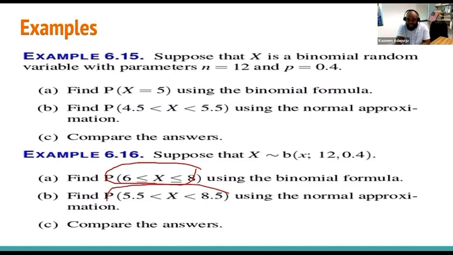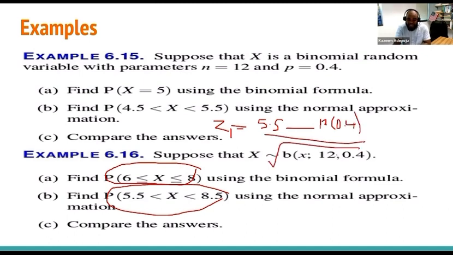Now with this, I can standardize because I want to use the normal approximation. When I standardize, I'm going to do 5.5 to get your Z1. You get what I mean, right? Z1 is 5.5 minus the mean, np, divided by the standard deviation, the square root of 12 times 0.4 times 0.6.